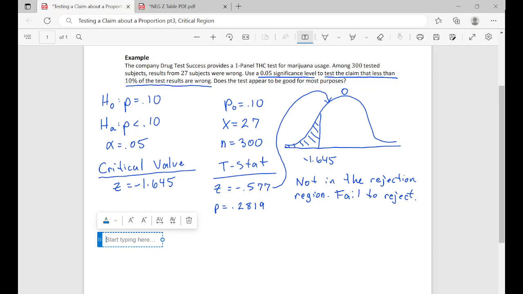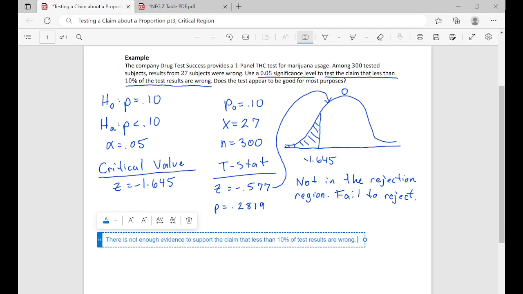So we can say that there is not enough evidence to support the claim that less than 10% of test results are wrong. Since we failed to reject, we can't support that. There's not enough evidence to support that.